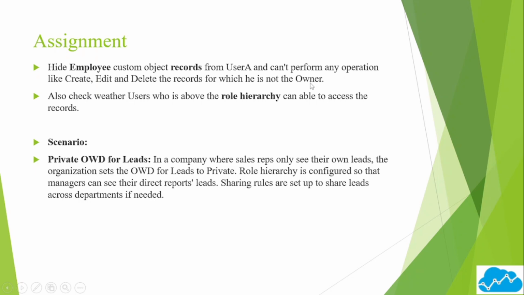If he is not the owner, he can't view that particular record, so he can't modify as well as he can't delete that record. Next, what we have to do, also check whether users who are above in the role hierarchy can access the records. So next assignment we are going to do.